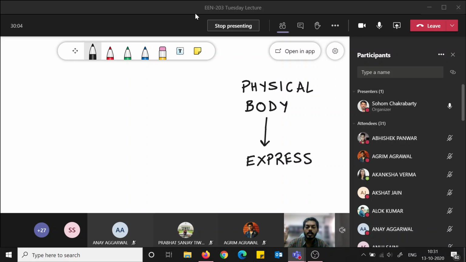Now suppose, or let us assume this condition, that one is observing everything but for some reason is not able to activate the physical body, then what will happen?